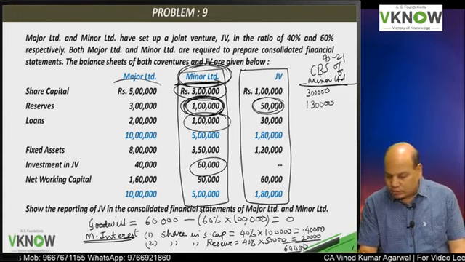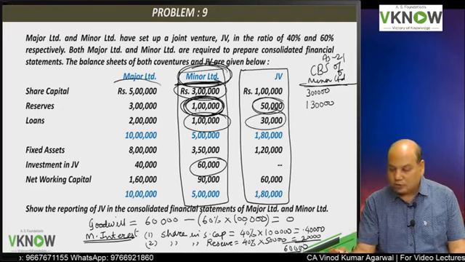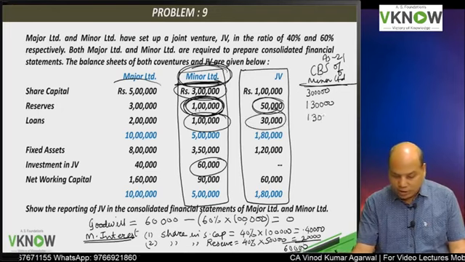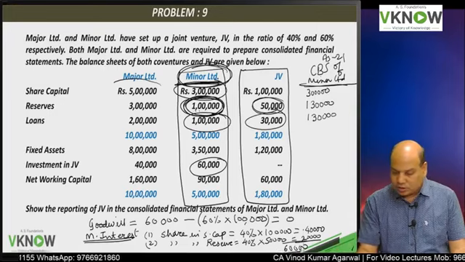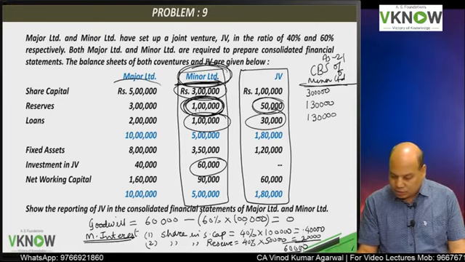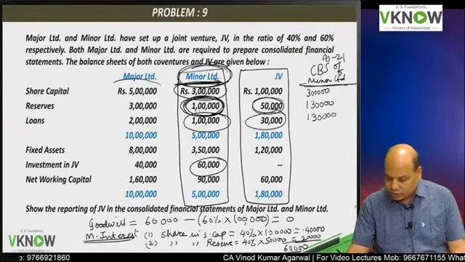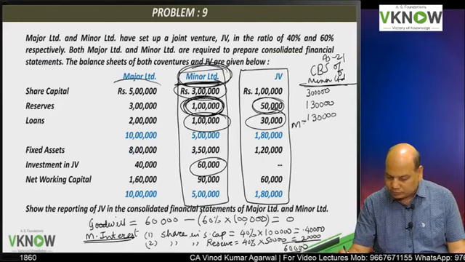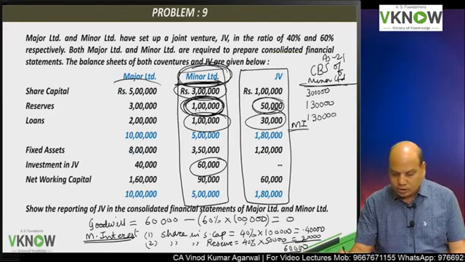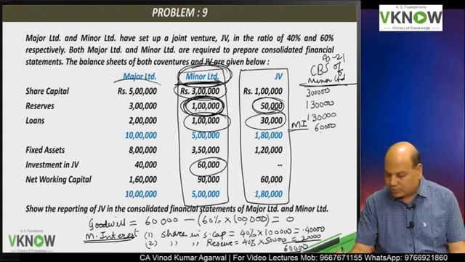Loan, 1 lakh plus 30,000, full consolidation, line by line consolidation, 1,30,000. And one minority interest will also appear, let me write it below, but it should be written above the loan, which I have done in your book. Minority interest will come 60,000.